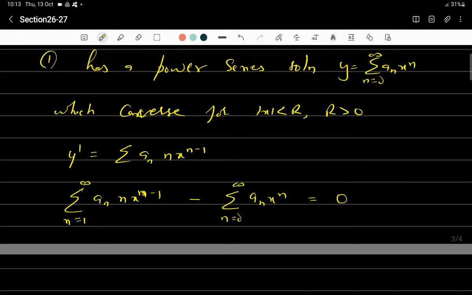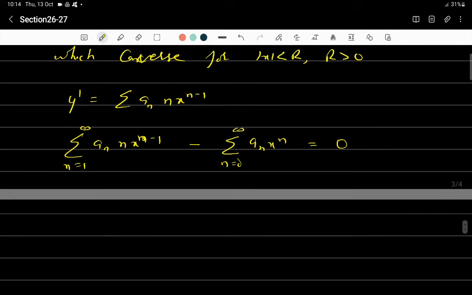Now I want to find a relation between a n and its preceding terms, which is a n minus 1, a n minus 2 and so on, because I do not know how to compute a n. That is called the recurrence relation. So to find this, I have to compare the coefficient of either x raised to the power n or x raised to the power n minus 1. If you see the right hand side, then the right hand side is simply a polynomial where the coefficient of all powers of x is 0.